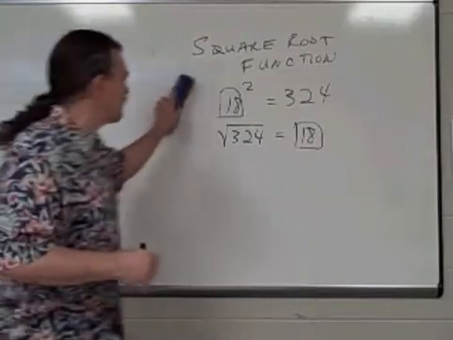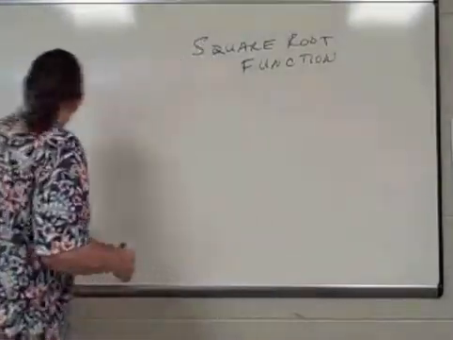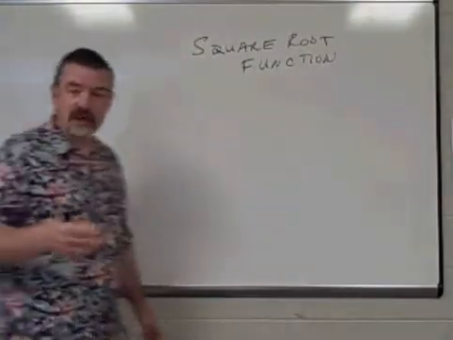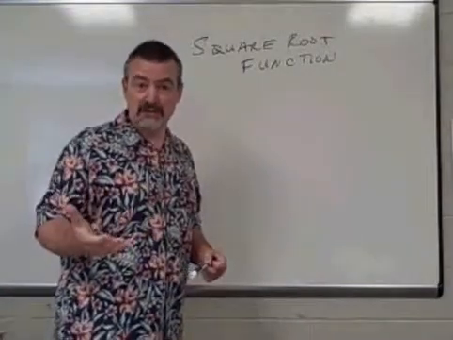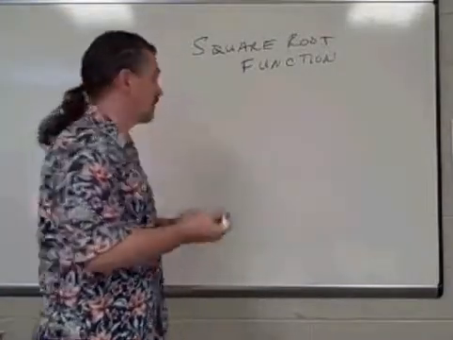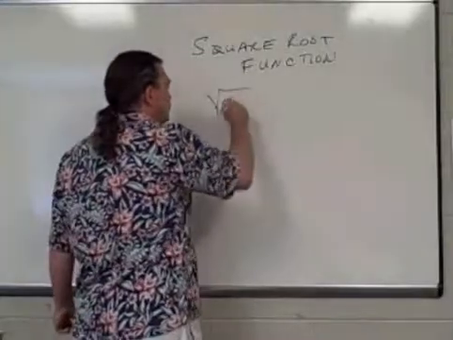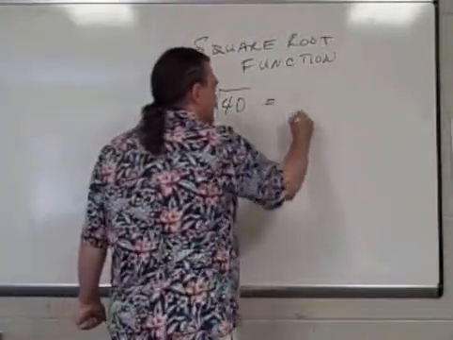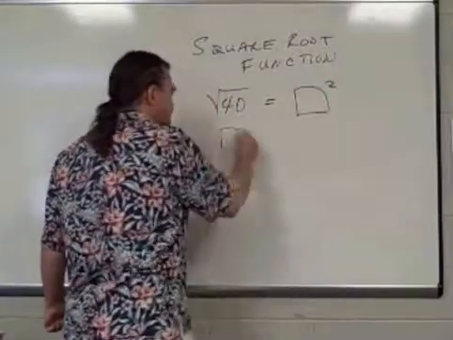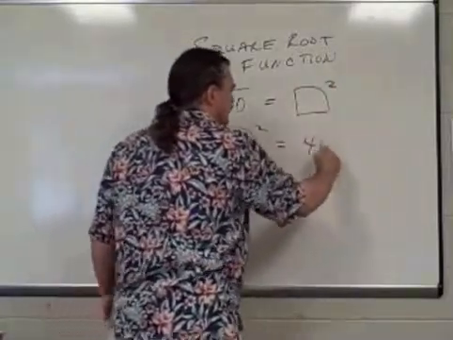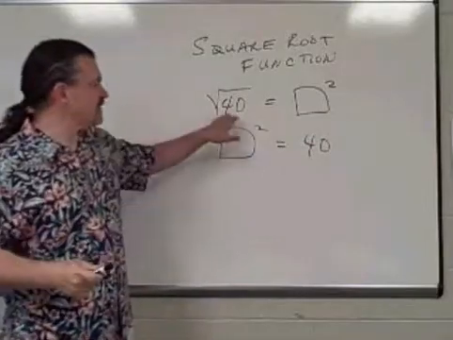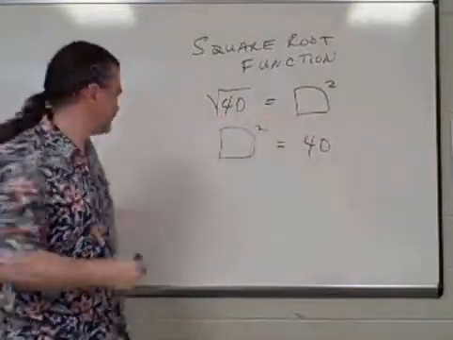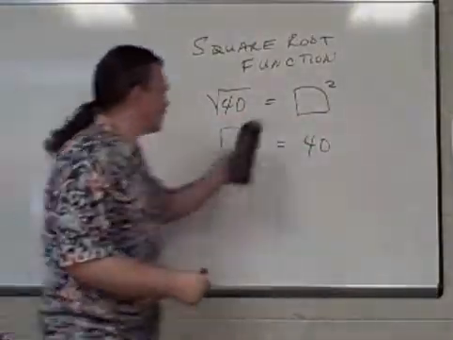Let's find some square roots of some other numbers that are not perfect square numbers, meaning when we take the square root, we're not going to get a whole number. For example, let's find the square root of 40.